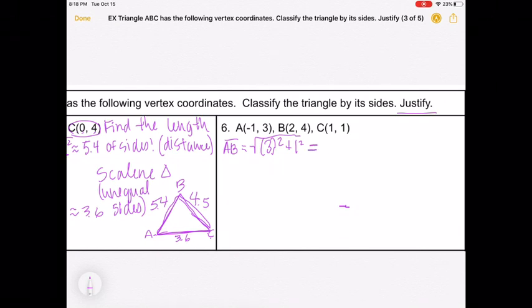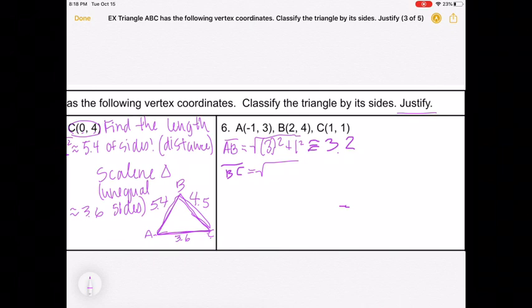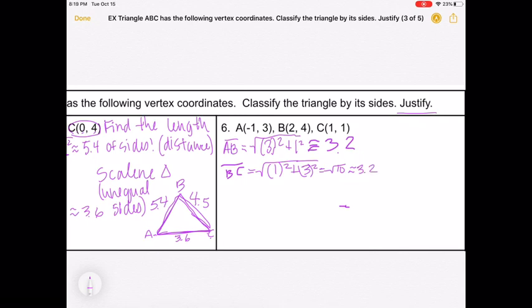So add those up, and that's going to be approximately, sorry my pen died, so this is really messy right now, I'll have to charge it, approximately 3.2. All right, BC, yeah, this isn't going to work very long. Try this again. BC was the x's were 1 apart, and the y's were 3 apart. Okay, so 1 plus 9, the square root of 10, which is approximately 3.2 again.